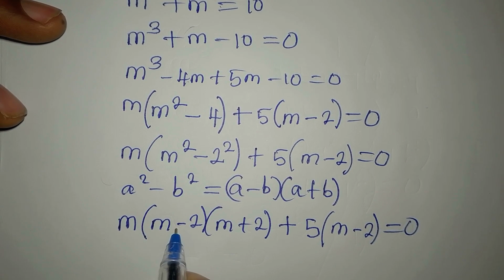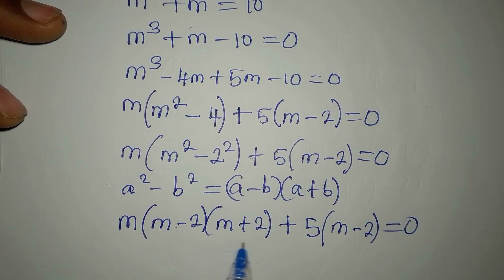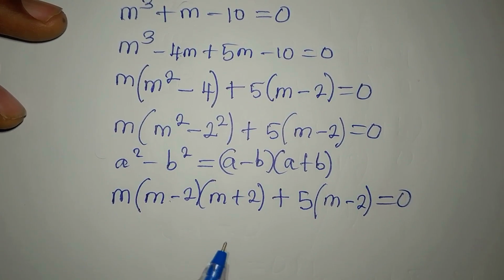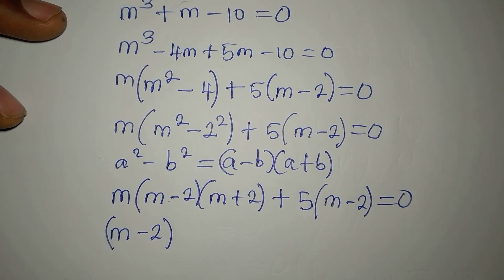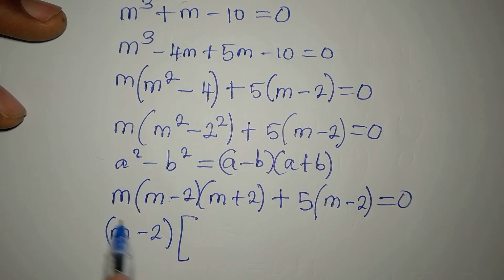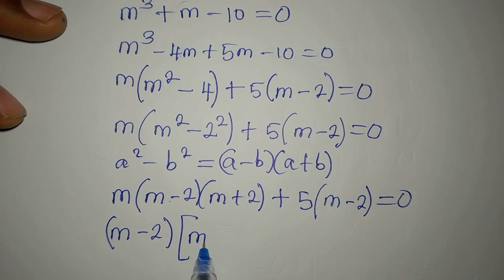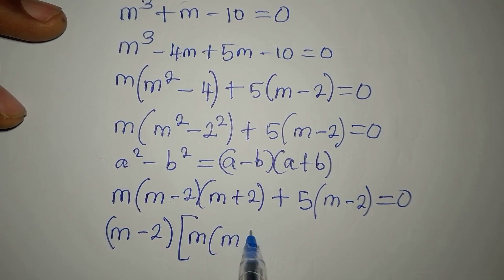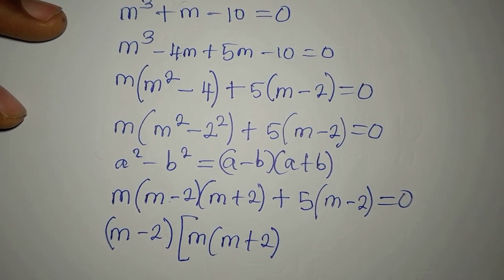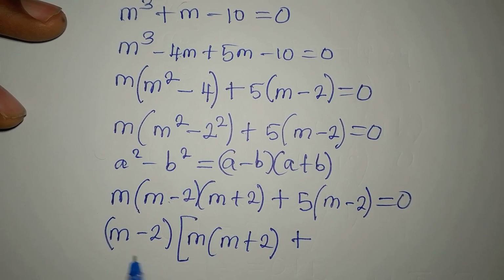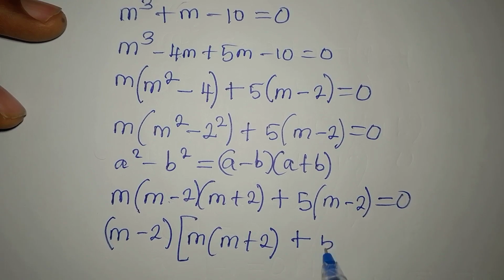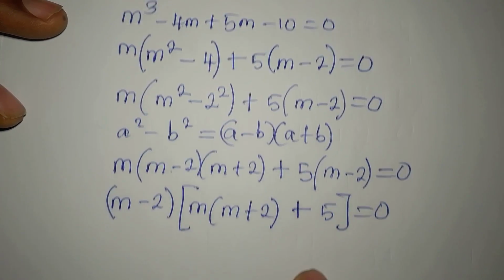So this is a common factor to this and this. So I'm going to pick out m minus 2 as the common factor. This m is still outside. Then we have this m plus 2. Close it. Then plus m minus 2 is already out. So 5 will be left over there as we equate to 0.